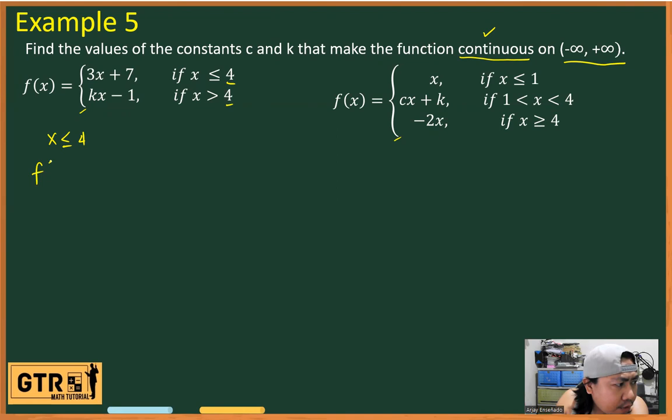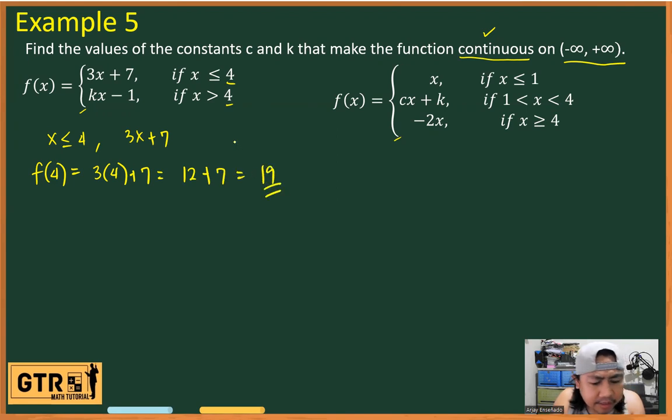So we have f of 4 equals 3x plus 7, for x less than or equal to 4. So f of 4 is equal to 3 times 4 plus 7. That is 12 plus 7. So therefore, we have 19.